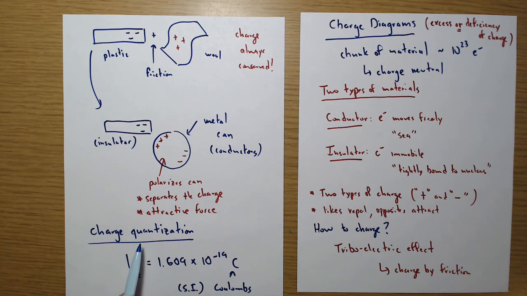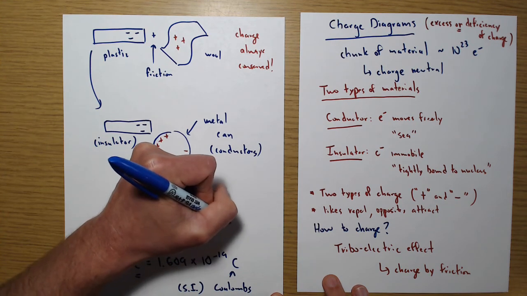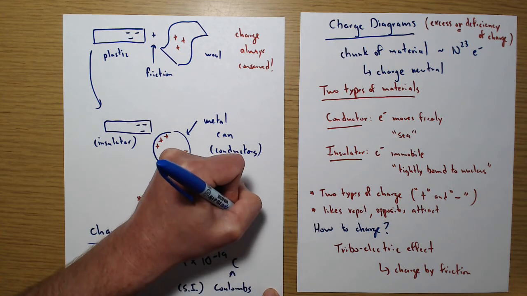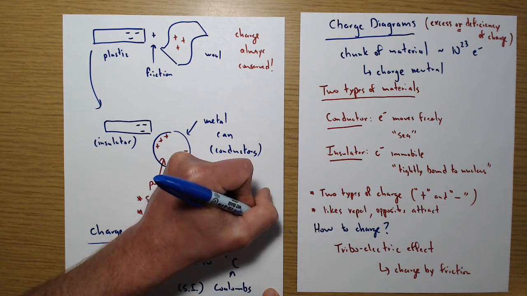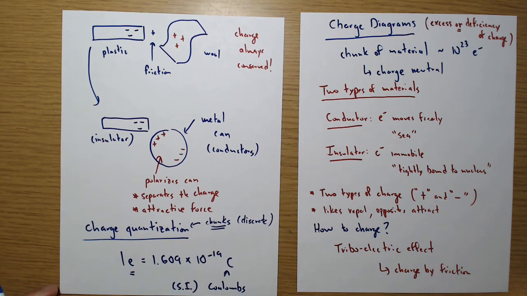So what quantization means is basically chunks, or discrete packages. So charge comes in little packages. It's not smoothly smeared out like peanut butter, but it comes in little blotches.